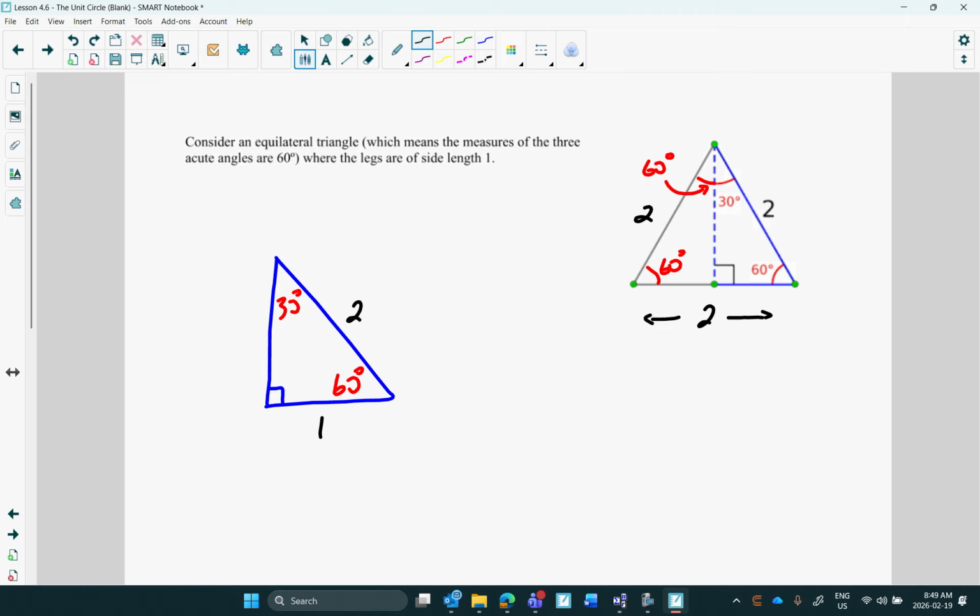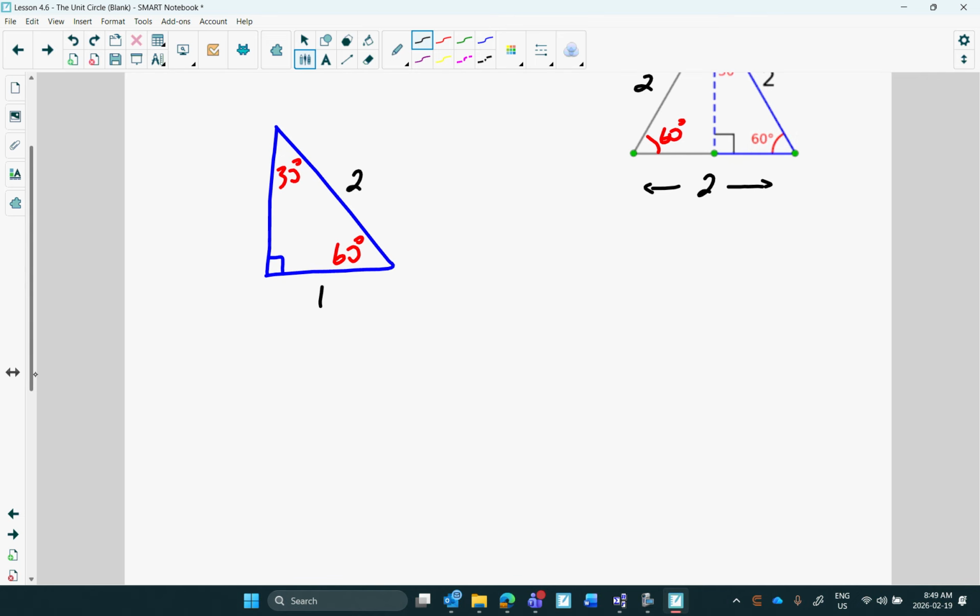And since I know 2 of the 3 sides, I can find the third side by Pythagoras. So to find the third side, this one, which we'll call y, because it's vertical, it would be 1 squared plus y squared is equal to 2 squared. Well, 1 squared is 1. Plus y squared, 2 squared is 4, so y squared is equal to 3.